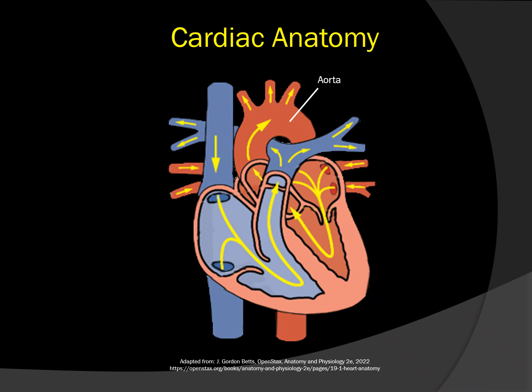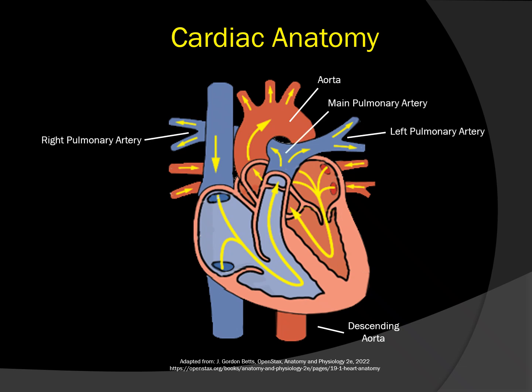Now, let's turn our attention to the normal cardiac anatomy, starting with the aorta, the main artery leaving the heart to supply blood to the entire human body. After the aortic arch, the aorta continues as the descending aorta towards the lower extremities. The main pulmonary artery, which sends blood to the right and left lungs via the right and left pulmonary arteries, is shown here.